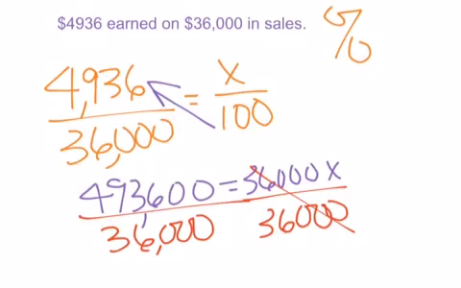So that math is going to give us x is about 13.7. So we're just going to round up to about 14%. So if I make $4,936 out of the 36,000 in sales, my commission rate is about 14%.